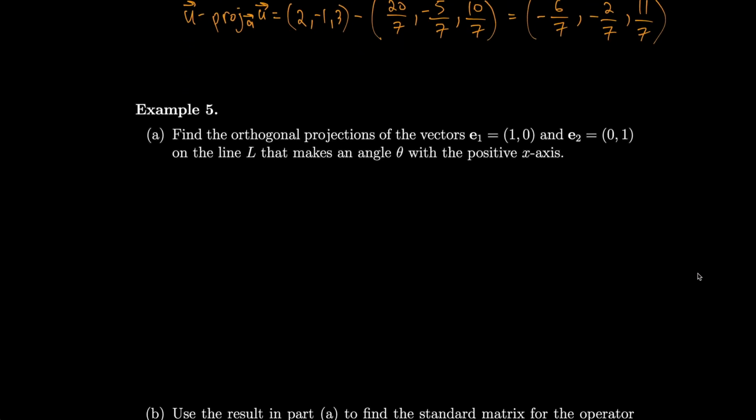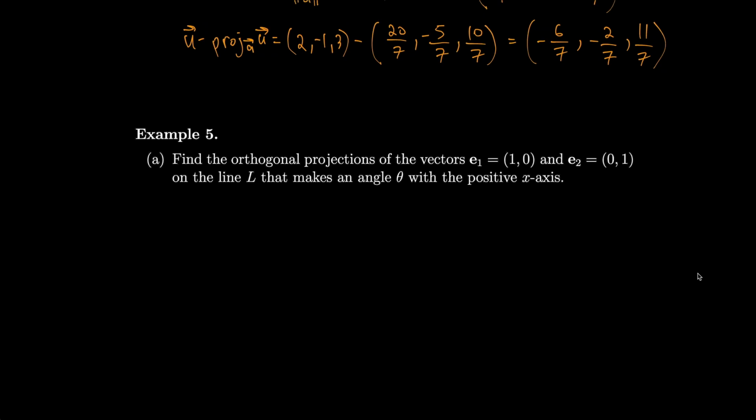Next, let's find the orthogonal projections of the vectors e1 equals (1, 0) and e2 equals (0, 1) on the line L that makes an angle theta with the positive x-axis. So how about we draw what this looks like?